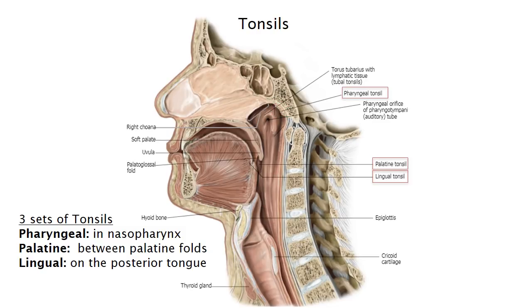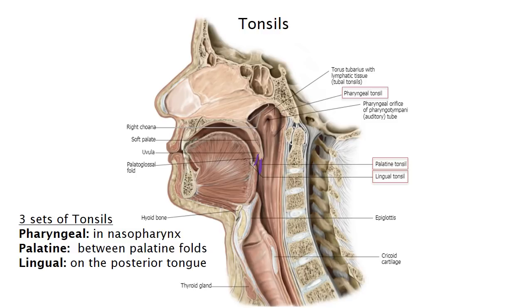Each lateral wall of the oropharynx has the diverging palatoglossal and palatopharyngeal arches. Here we can see that somewhat in this picture. So these produce the anterior and posterior pillars of the fauces, which help to form the posterior aspect of the oral cavity.